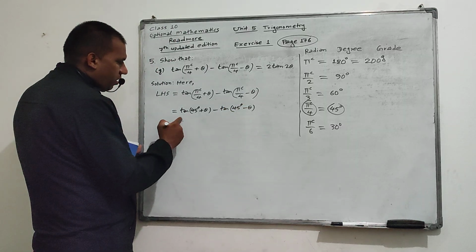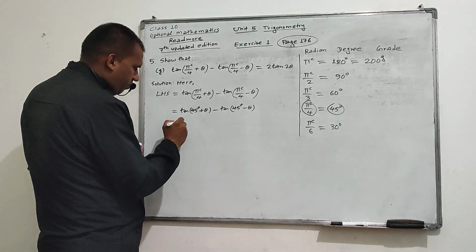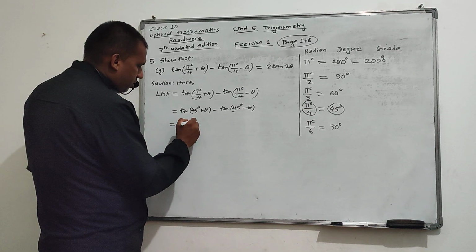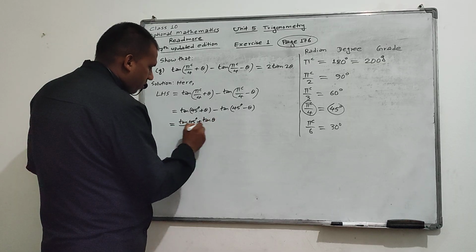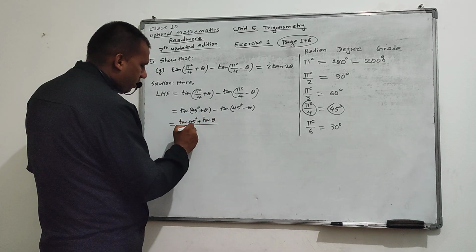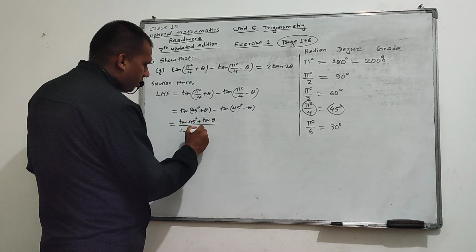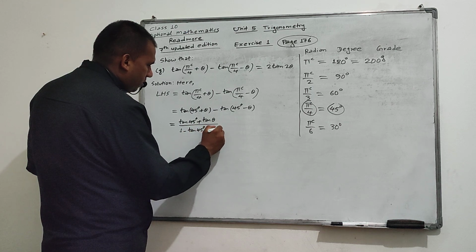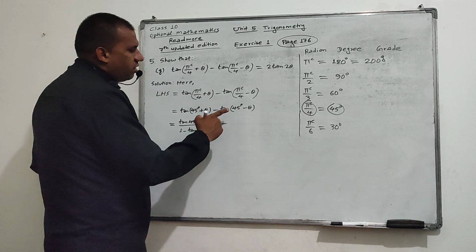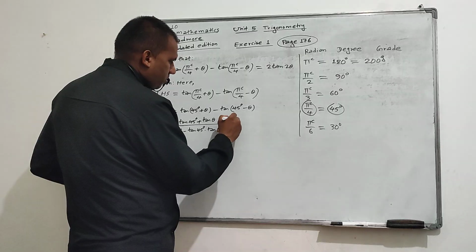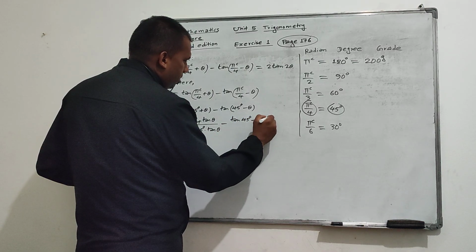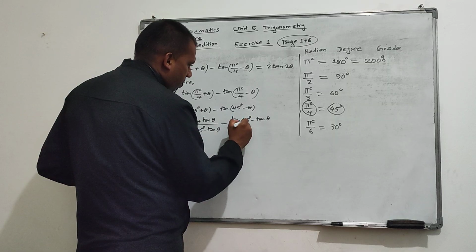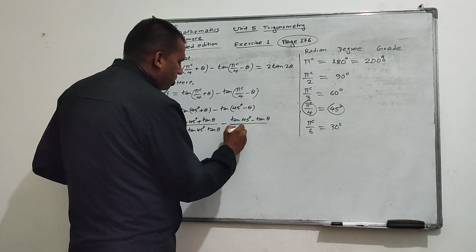Now we have tan(a plus b) equals tan a plus tan b. So tan 45 plus tan theta all upon 1 minus tan a tan b, 1 minus tan 45 tan theta. Minus here tan(a minus b) form. So that is tan a minus tan b, tan 45 minus tan theta all upon 1 plus tan a tan b.